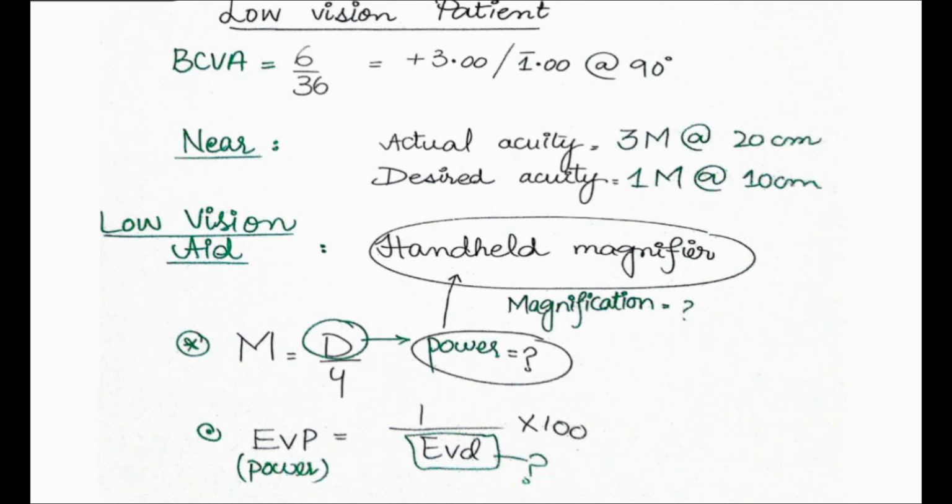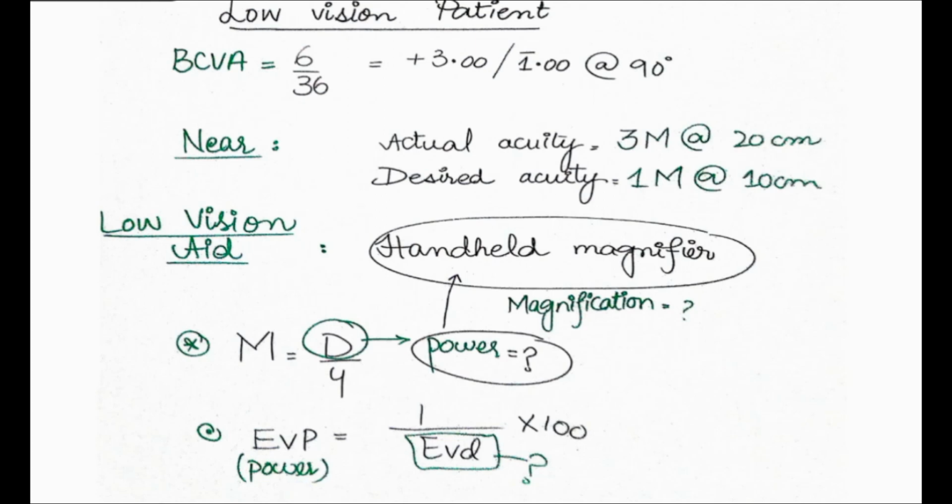Similarly, the case is for the handheld magnifier, M equals D by 4, where D is the power of the magnifier. The power can be the equivalent viewing power, EVP, the power equivalent to that at which a normal person can see. This means that a patient who wants a handheld magnifier will have this much approximate power so that he can see like a normal person sees, right?